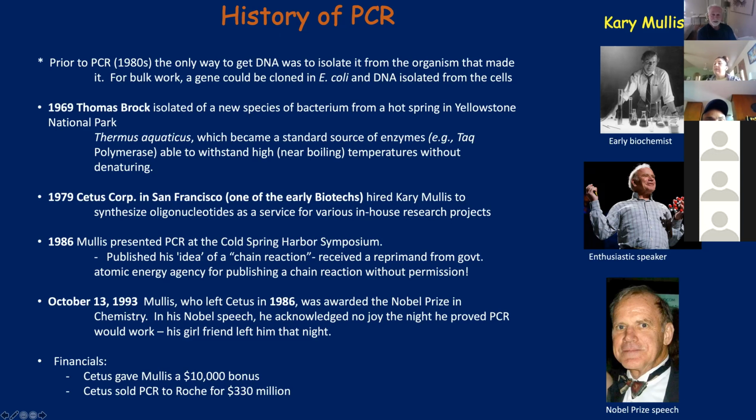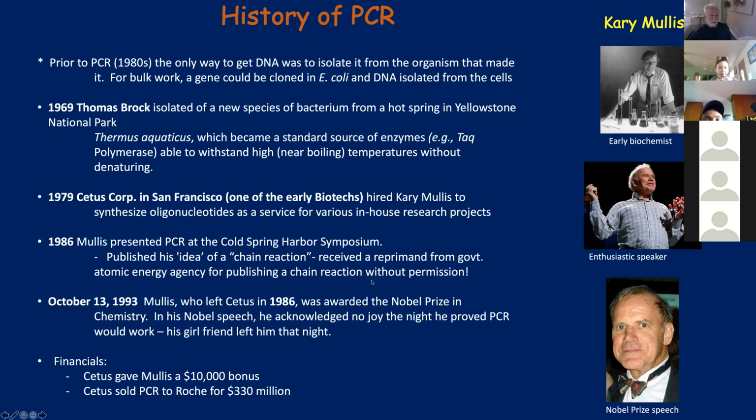Then in 1969, a man named Thomas Brock isolated a new species of bacterium from a hot spring. Now, hot springs are at about the temperature of boiling water. So if there's a bacterium living in a hot spring, it means that its enzymes are not denatured by heat. It can live in temperatures up to the point of boiling.